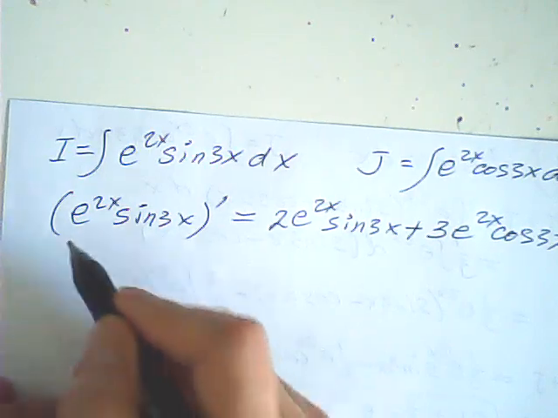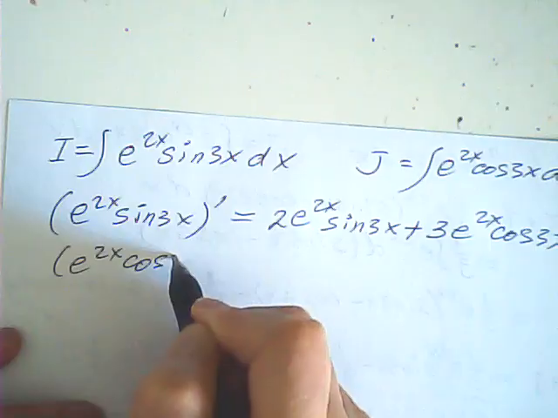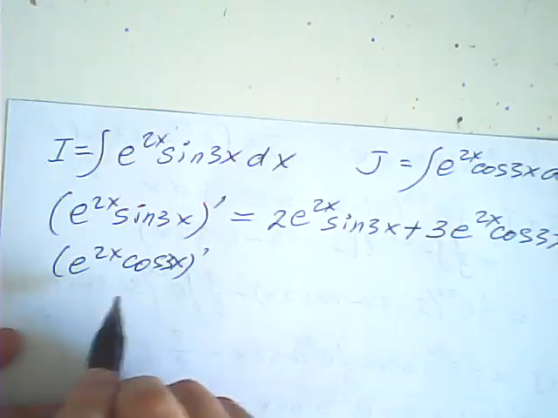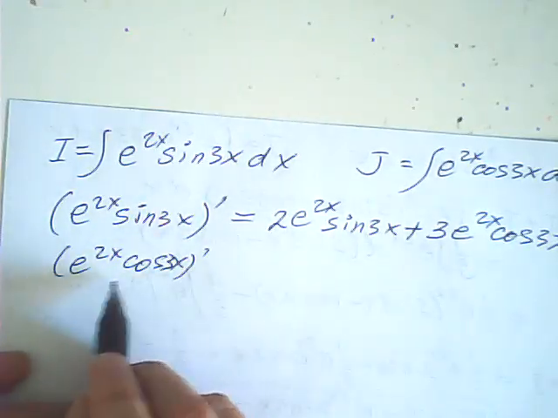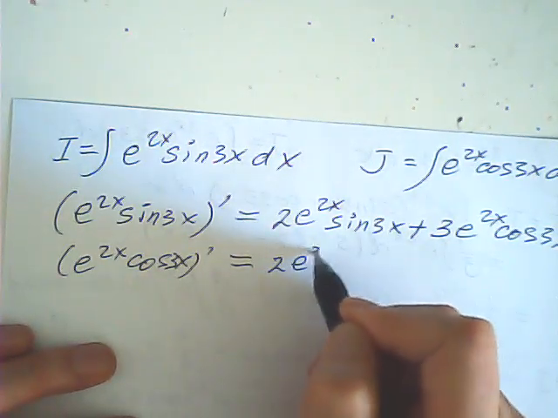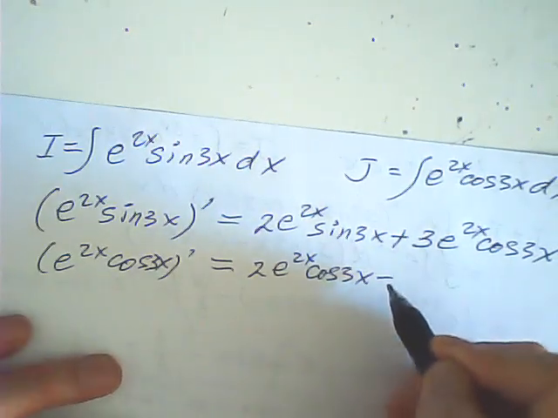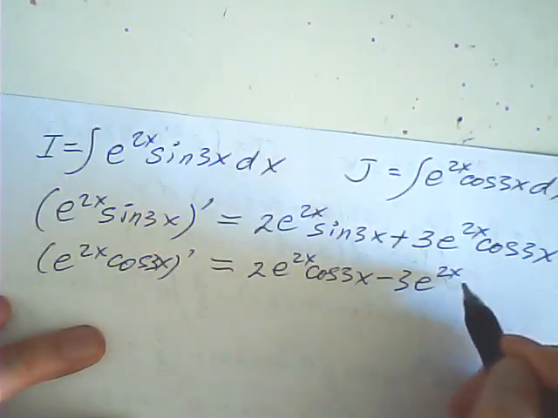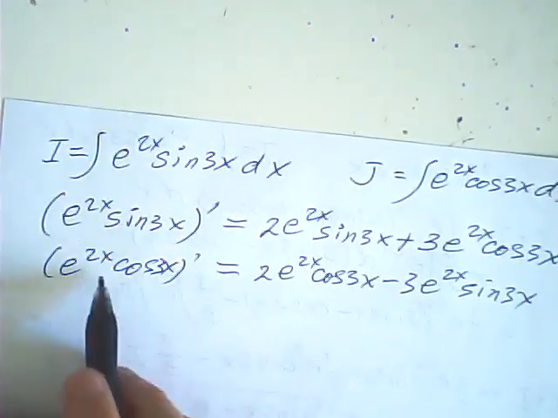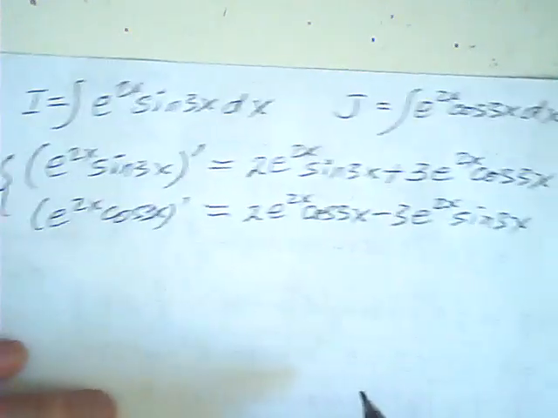That's easy. And also, I consider this derivative with respect to x. This is 3 here. And this will be 2e to the 2x cosine 3x minus 3e to 2x sine 3x. Right? That is the product rule and the chain rule. So I get these two equations.